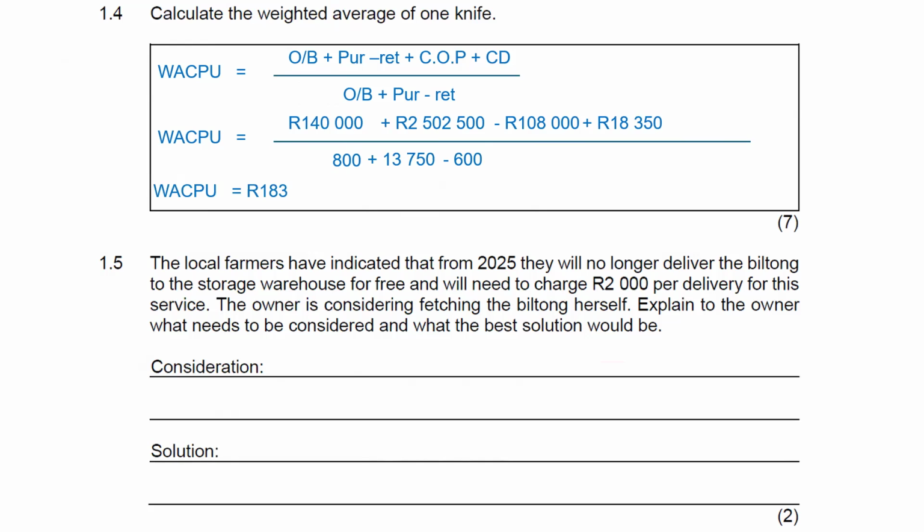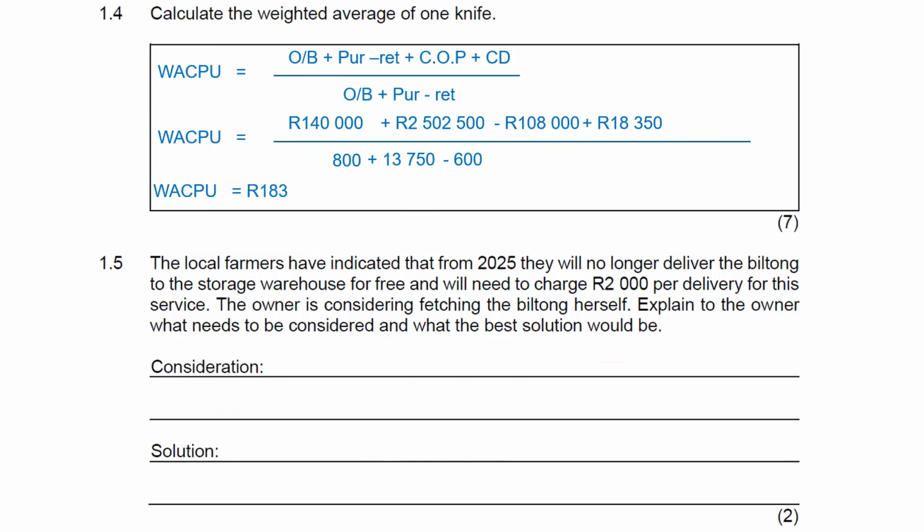Here, guys, understand that fetching the biltong themselves, they have to buy the vehicle, they have to get licenses, they have to take into consideration the service and maintenance of that vehicle. They have to find a driver, which they will have to pay every month. There's fuel involved, there is insurance involved, there's a lot involved. So what is the solution? Probably it's cheaper to pay that 2,000 rent.